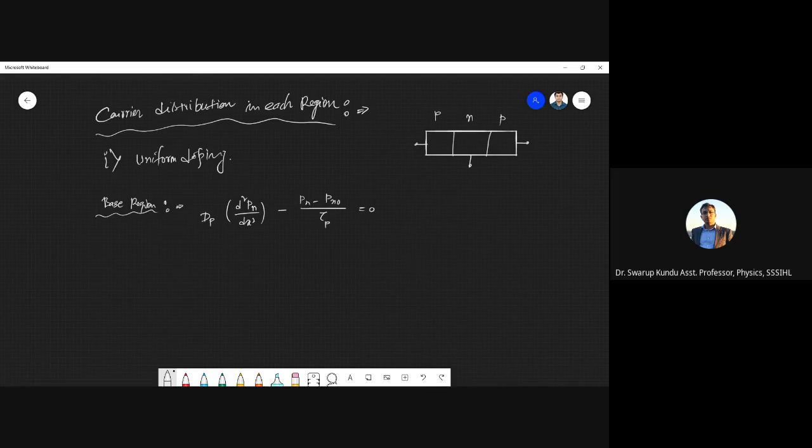This is the continuity equation for holes in the base region, because in the base region the minority carriers are holes.